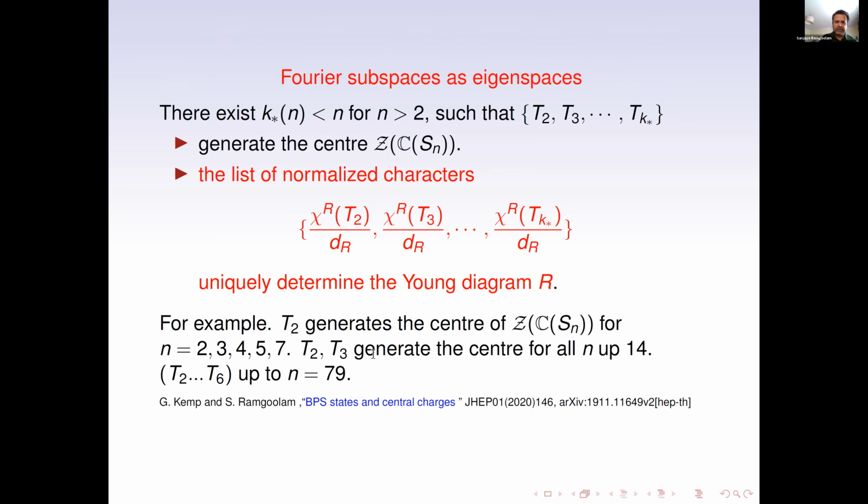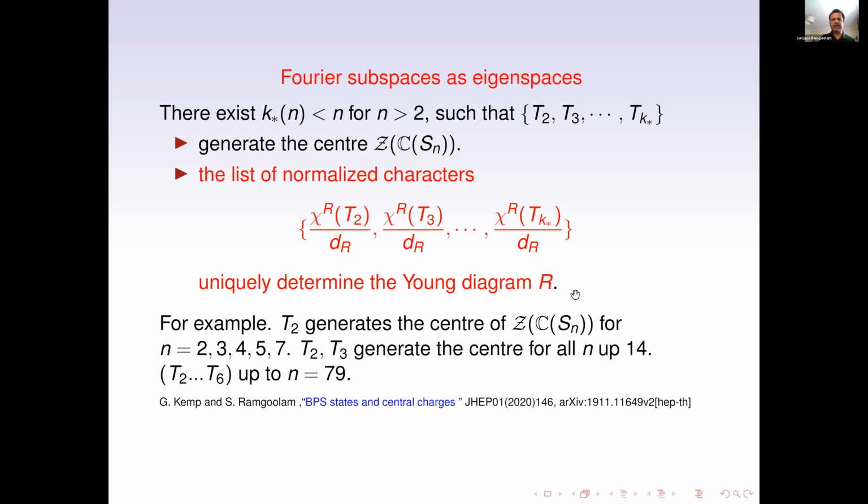So it turns out that here's a nice fact about the symmetric group algebra of Sn. If you take T2 up to T k-star, where k-star typically is not very big, you can use the normalized characters for these guys, character divided by dimension, and these numbers uniquely determine Young diagrams.